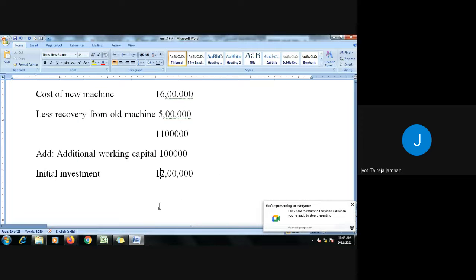Now we have the 12 lakh initial investment. We'll do a working note on the depreciation map, and then we'll do the estimation of that.